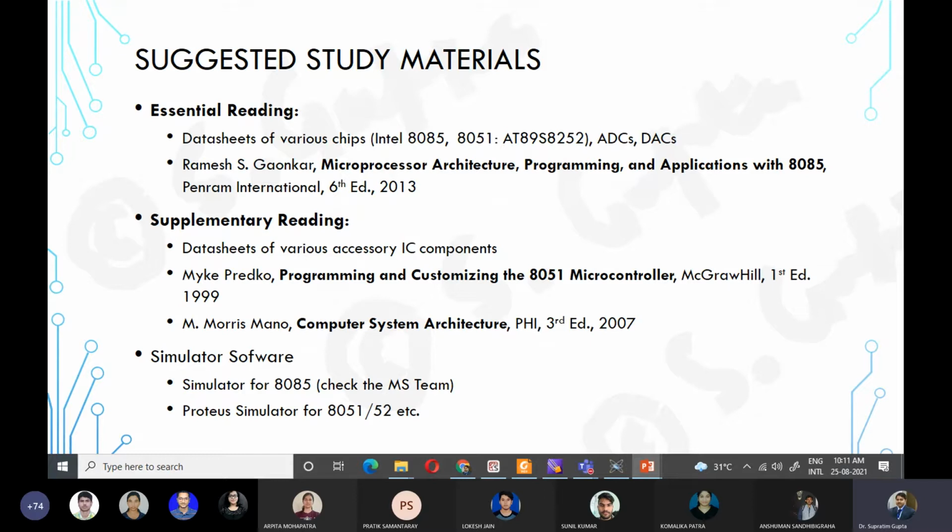Very often if we find a good book, we are confined to that book, but this will not be good for such kind of subjects where almost every day we have to be updated, because in the market, in 1 or 2 years new chips will be coming in, and the old chips will be taken out.